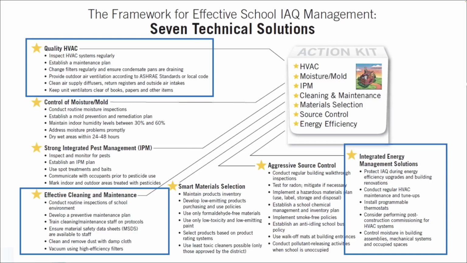For example, today we will focus on operations and maintenance, HVAC improvements, and impacts on energy efficiency. However, a successful guidelines-based plan requires considering things like mold and moisture, control and regulate humidity levels, smart material selection when purchasing equipment, and aggressive source control to reduce the level of contaminants and give your HVAC systems a fighting chance.